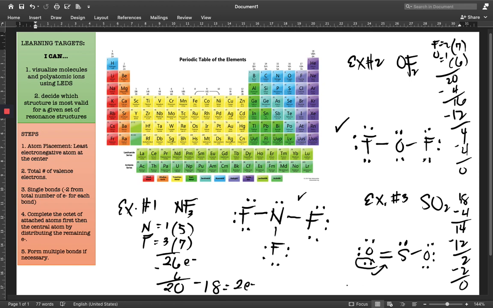Our final structure will be O, 1, 2, 3, 4. Then this pair of electrons has been shared as an additional bond to sulfur. So now we have a double bond. And then we have 2 electrons for sulfur. And then another single bond. And our oxygen atom.